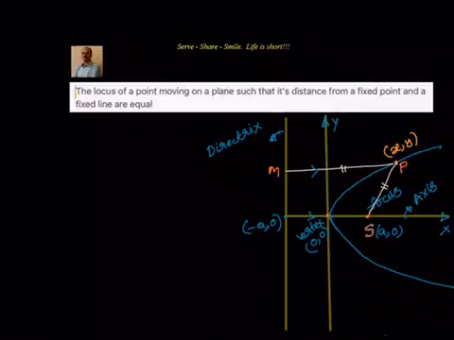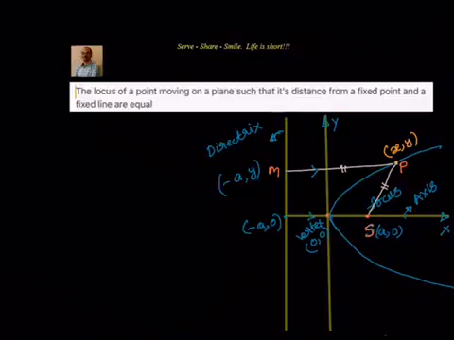So we know that the x coordinate is constant because it's a vertical line, so it will be minus a, and the y coordinate is the same as that of P, which is y. So the coordinates of the point M are minus a comma y.